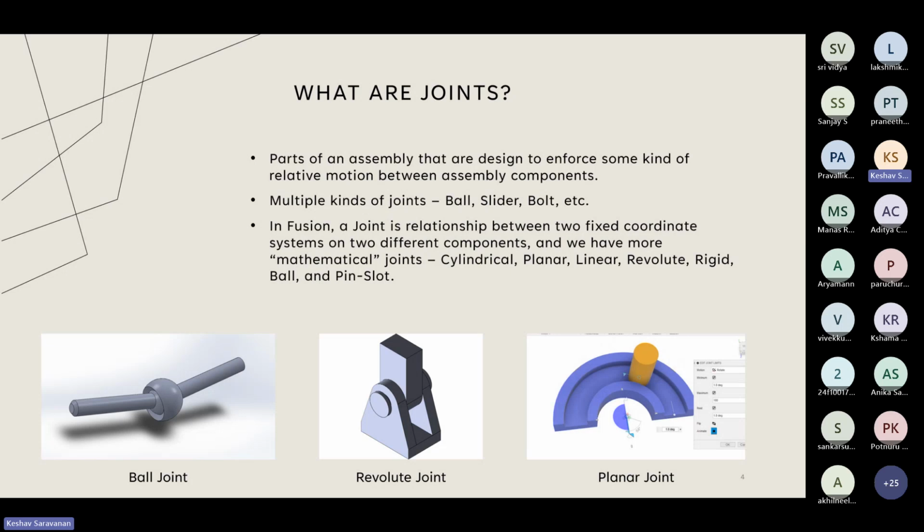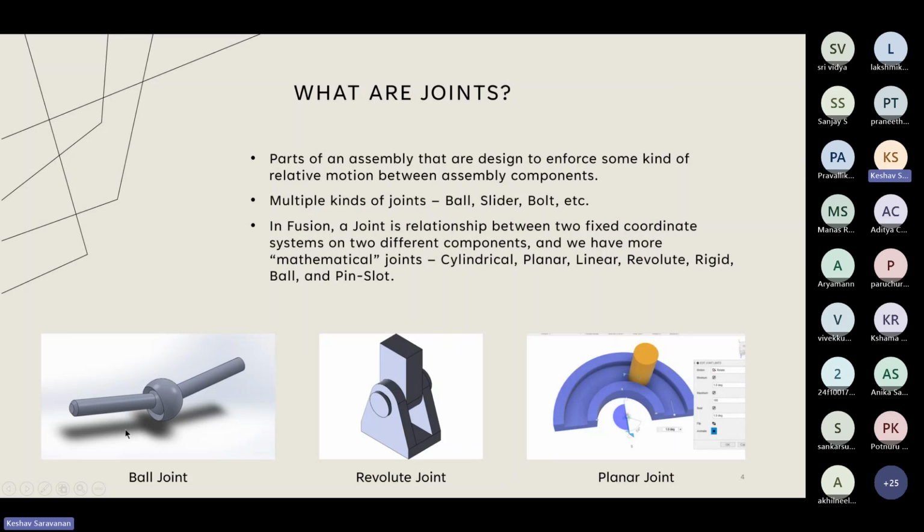So in Fusion, you will tell Fusion how you want one body to move with respect to the other with some mathematical relation. You will specify two coordinate systems on each body, and you will tell Fusion how to move them. So Fusion has quite a few joints to offer: cylindrical, planar, linear, revolute, rigid, ball, and pin slot.